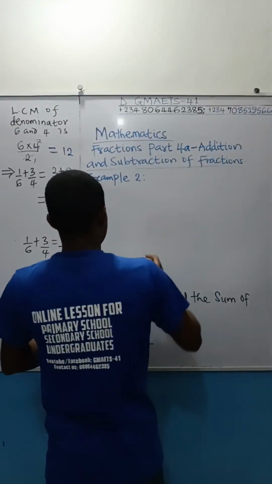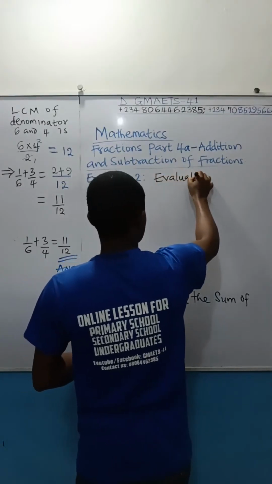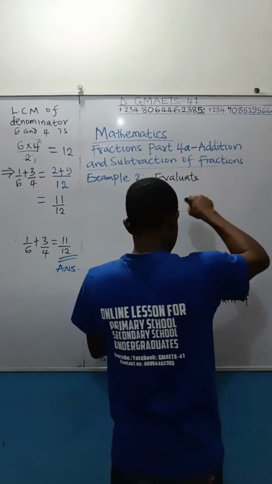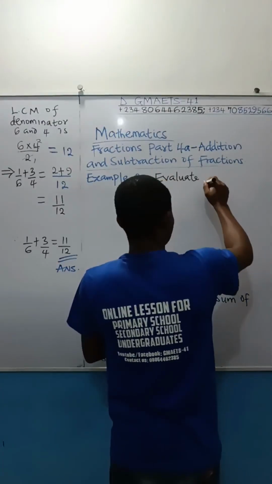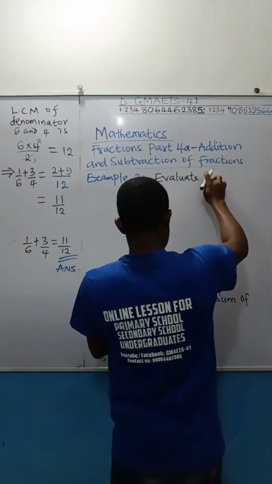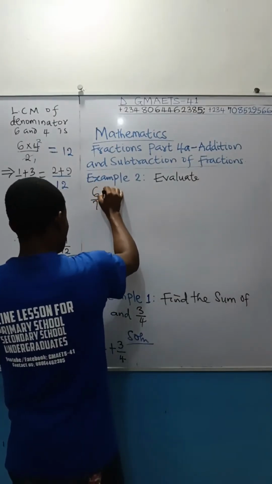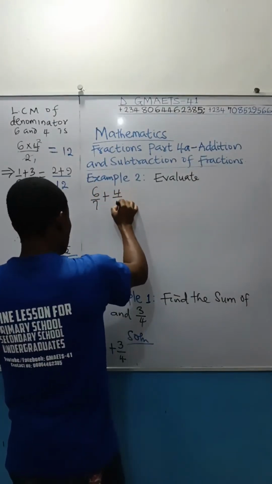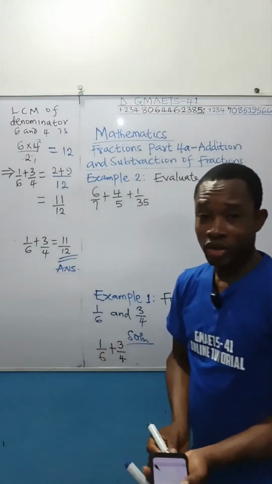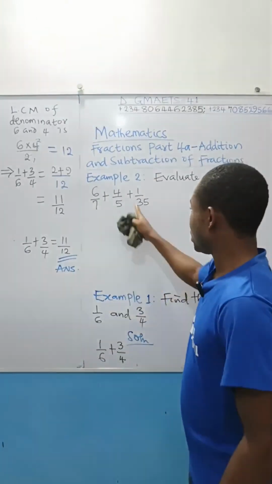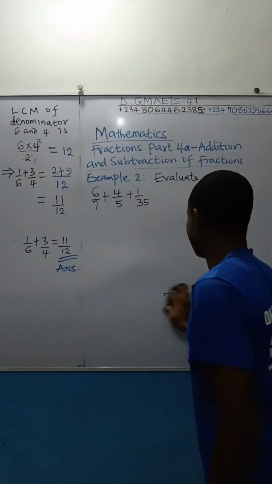In example 2, we are asked to evaluate 6 over 7 plus 4 over 5 plus 1 over 35. We have to evaluate this fraction.